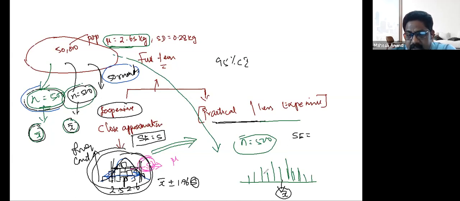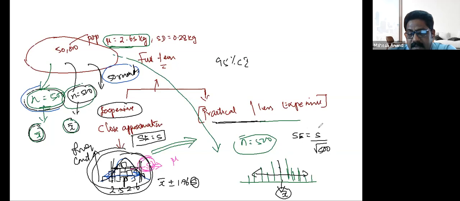Whereas in this process, I'm going to approximate the standard error as the standard deviation of the distribution obtained with one trial, divided by the square root of the total number of samples we have taken. So the standard error is defined as the standard deviation divided by root n, where n is the number of samples you have taken.